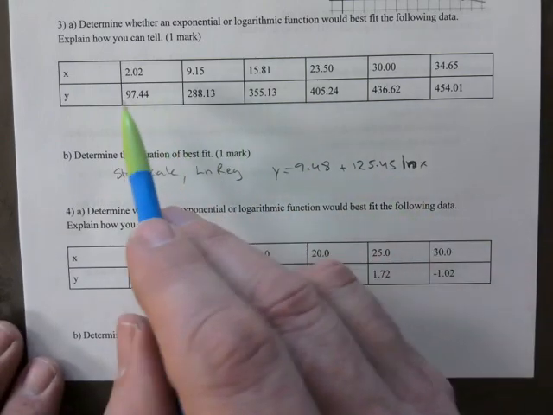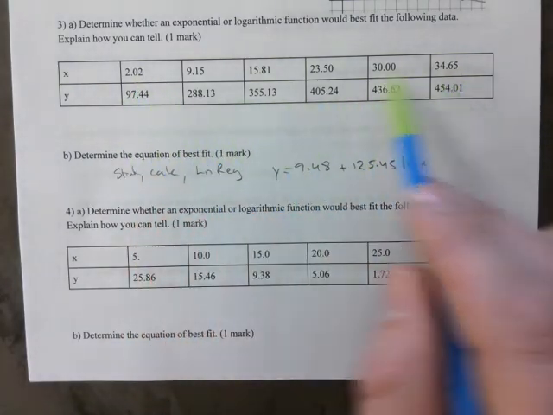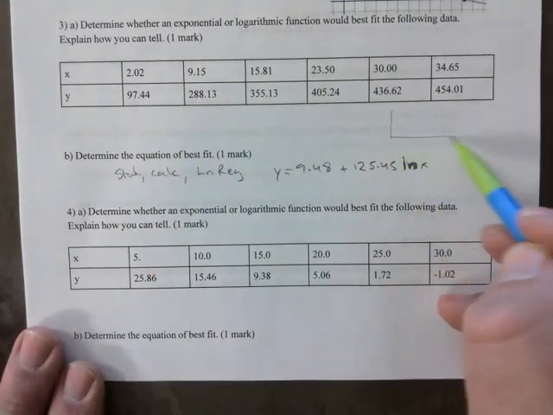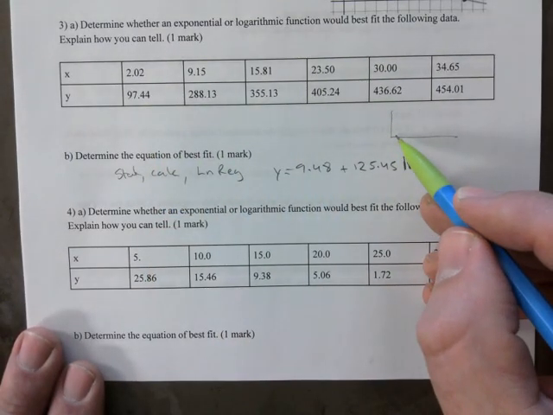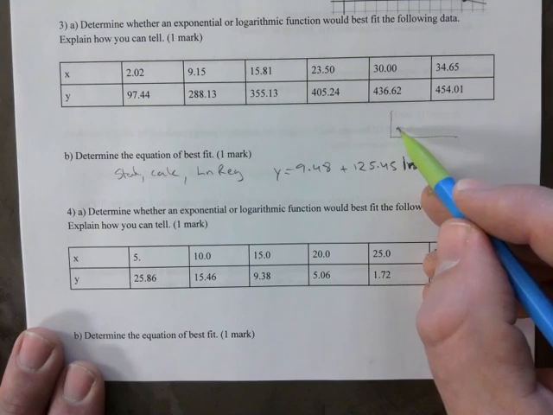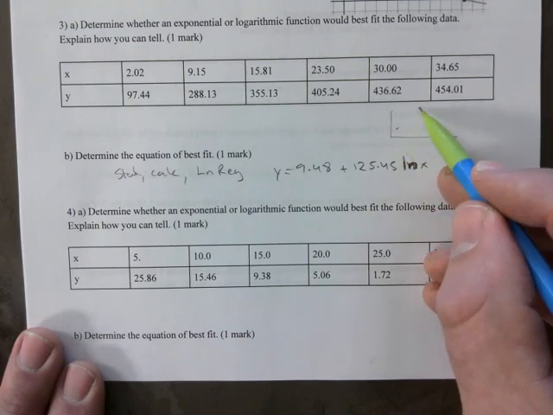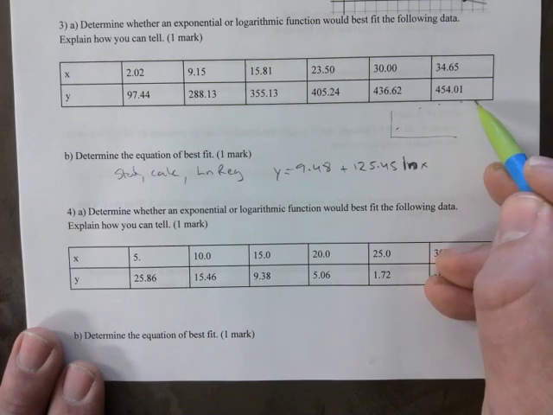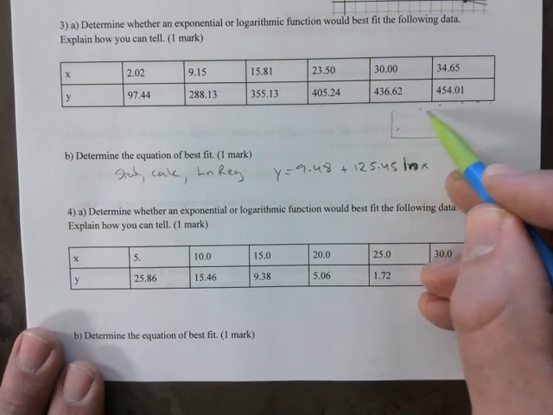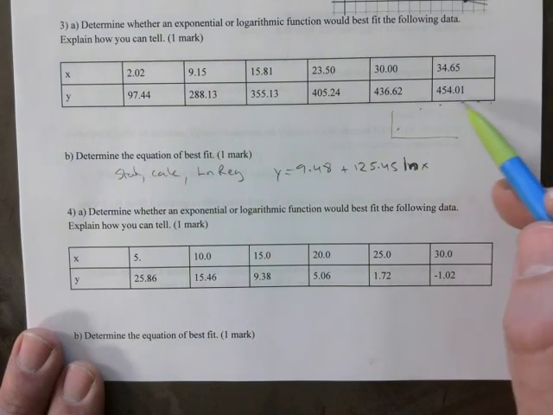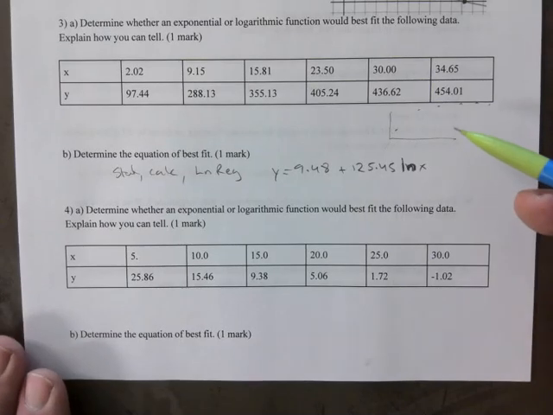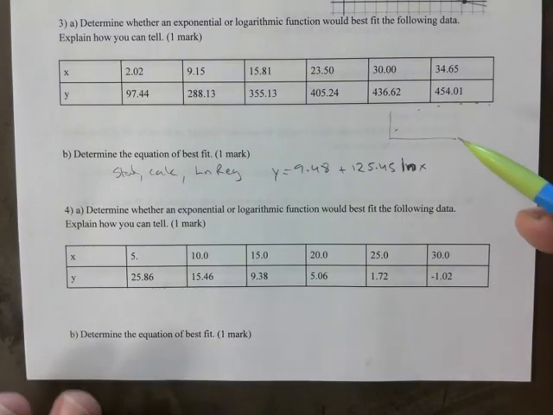And okay, I'm just looking at these numbers here. As x is going, like when I'm at 2, it's at 97. At 9, it's at 200. It's kind of flattening like this, right? If I just look at these numbers, I kind of see this pattern right here. So that's why I chose logarithmic there.